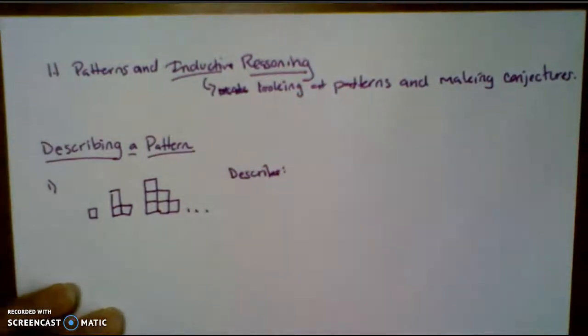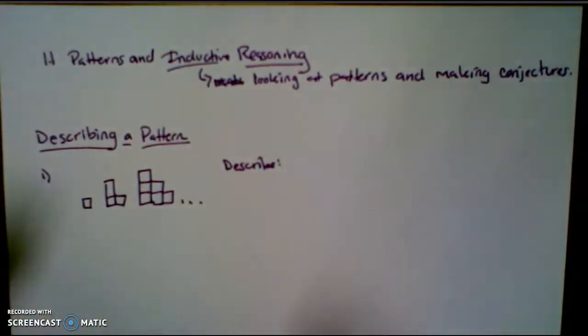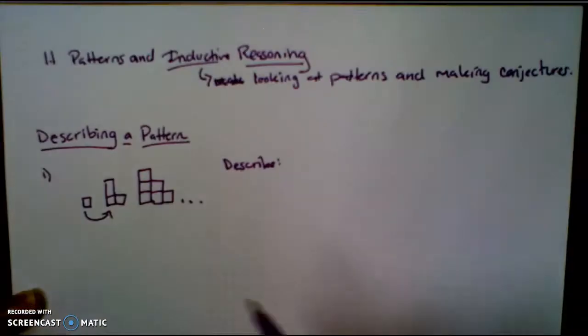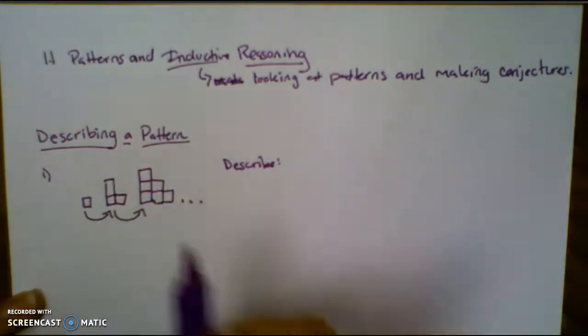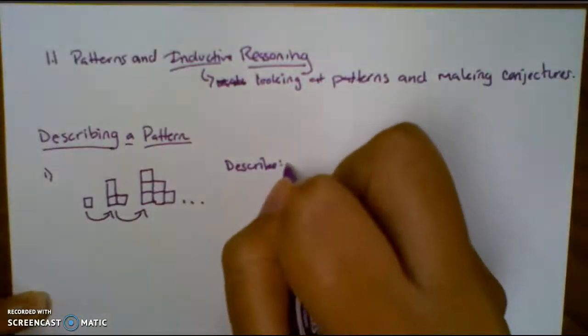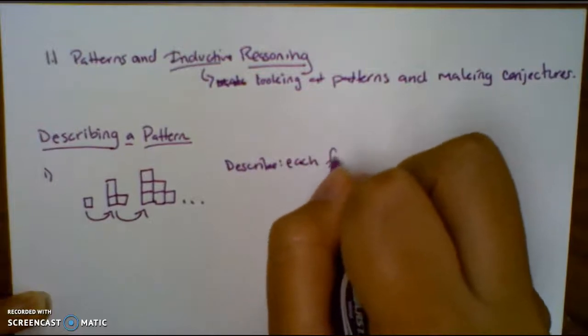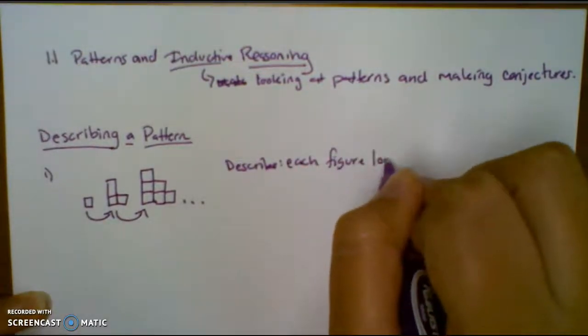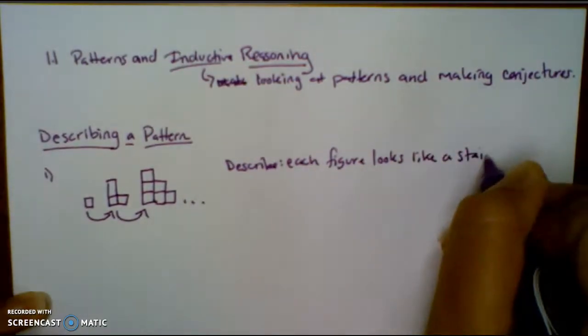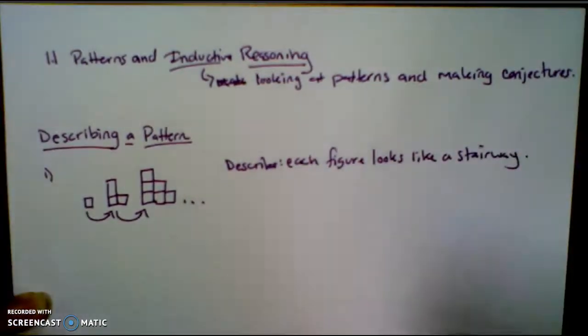So describing it, you're just verbalizing this. When you look at that picture, what is happening from the first picture to the second picture? And then from the second one to the third one? To me, it looks like a stairway. So I'm going to say each figure looks like a stairway. But they're not all the same stairway.